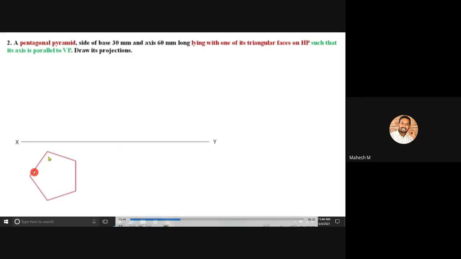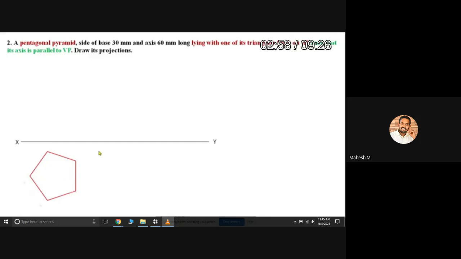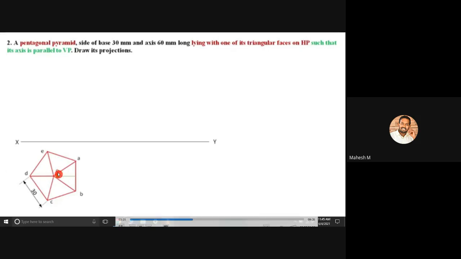So here I have created a corner pentagon. So the left side is a corner. Since it is a pentagonal pyramid, I have to connect all the corners with the center point. Please create your center point with the help of 2 inclined lines from A and B with an angle of 54 degrees. Then connect all the corners to your central point with dark lines, and you can name this point as O. So here you will have 4 projection lines.